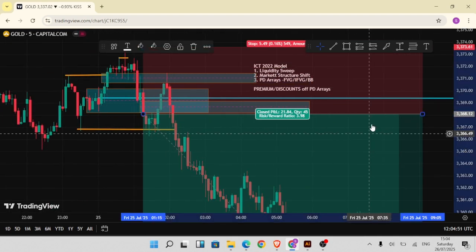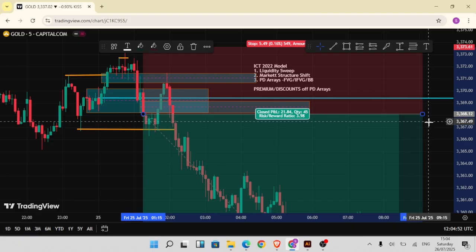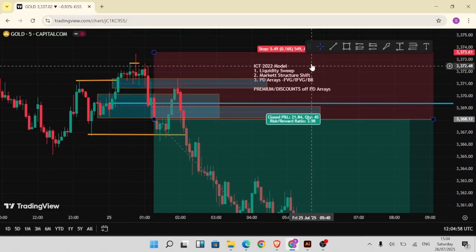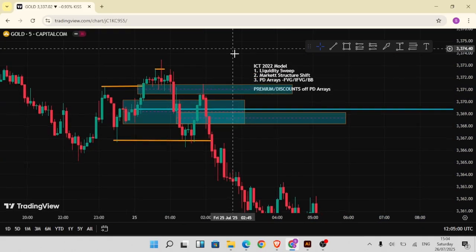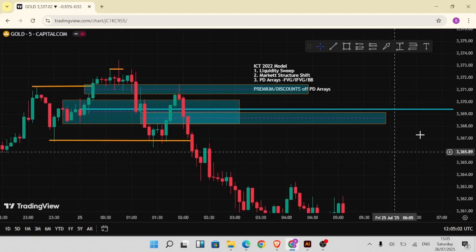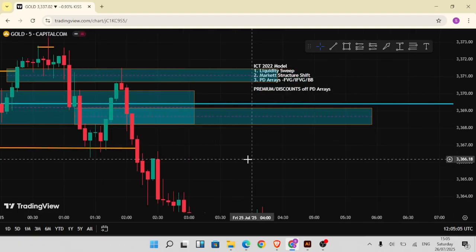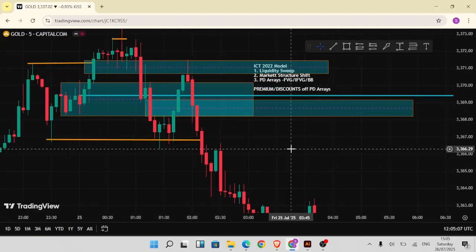You have this as your partial and the other trade as another trade going on until you get to your take profit. Trying to check if we have any, nothing meaningful.